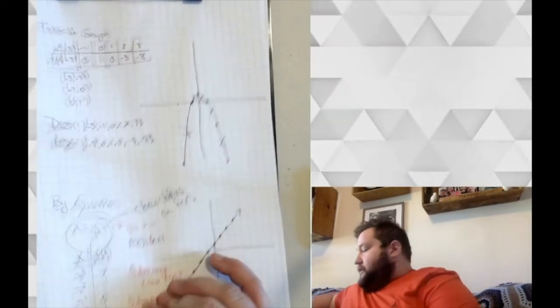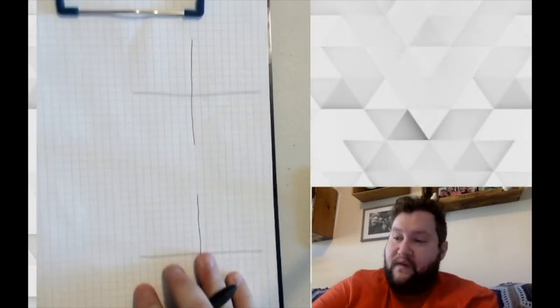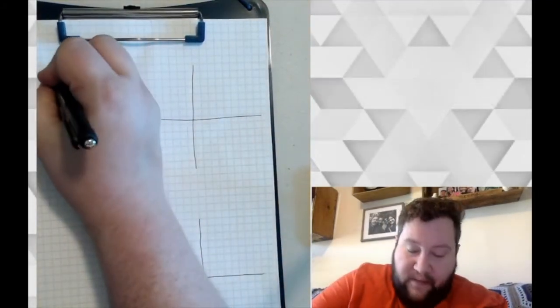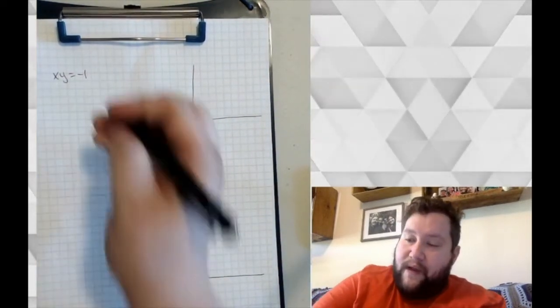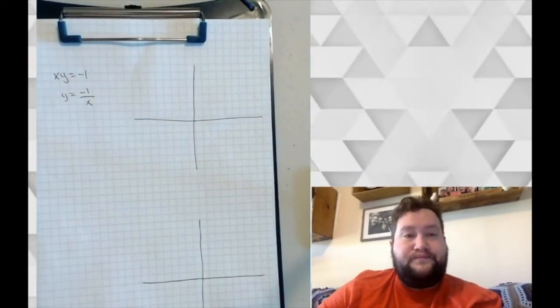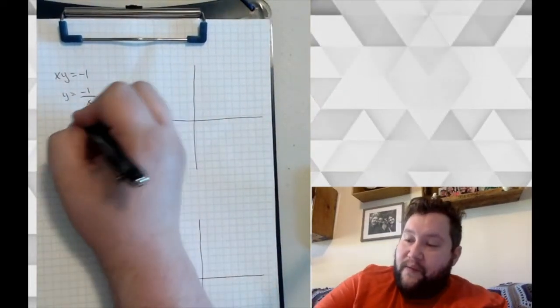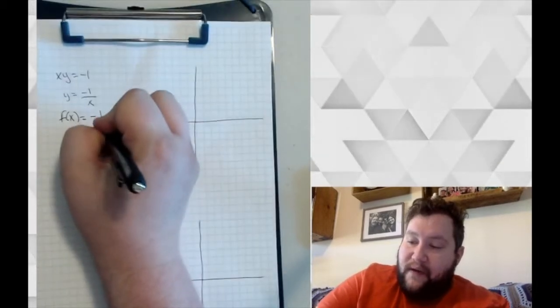So let's look at a couple more examples. Suppose we have x times y equals negative 1. And I want to rewrite this as y equals negative 1 over x. And here we'll rewrite this in function notation. F of x equals negative 1 over x.